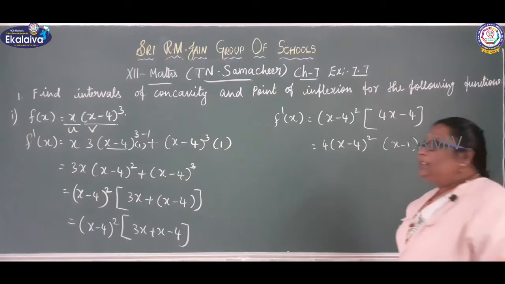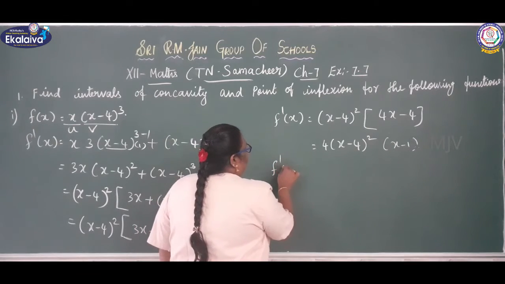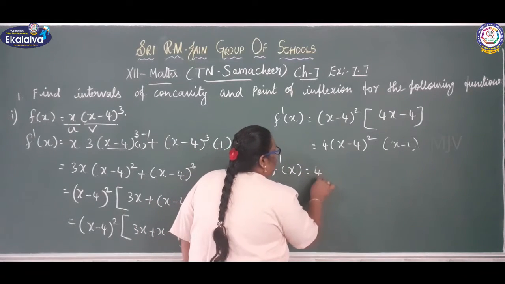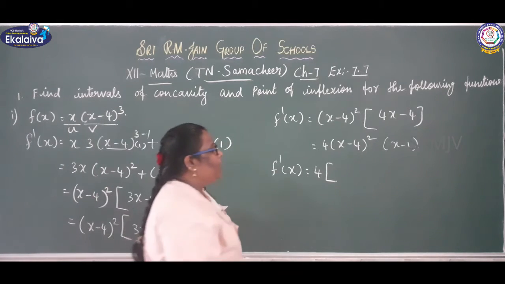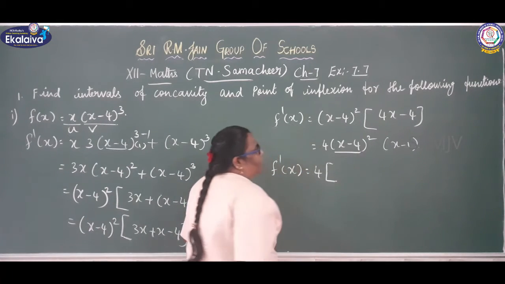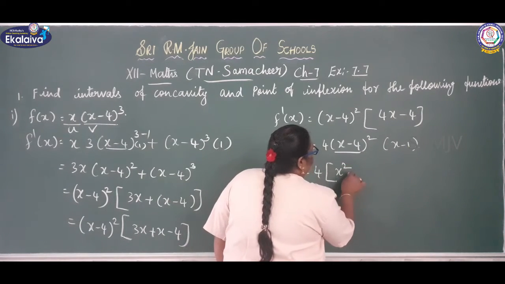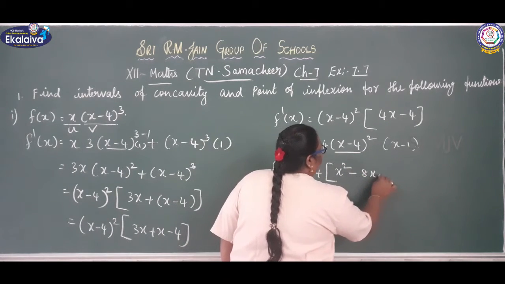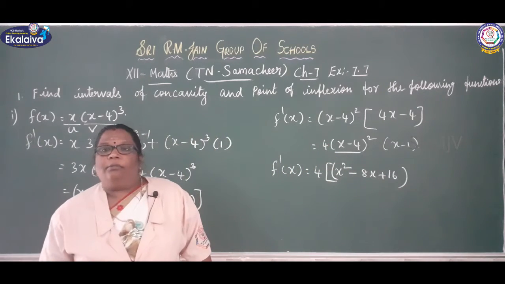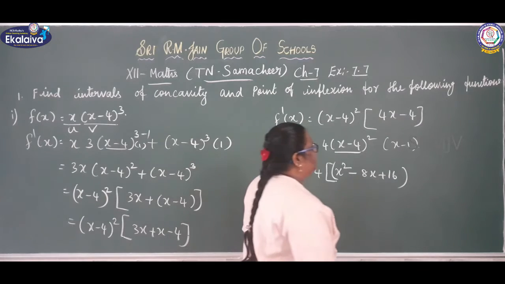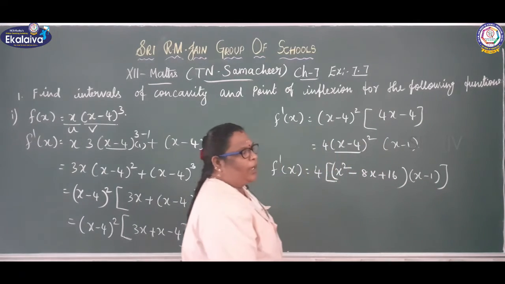You can apply the (a minus b) the whole square formula, a square minus 2ab plus b square, into (x minus 1).